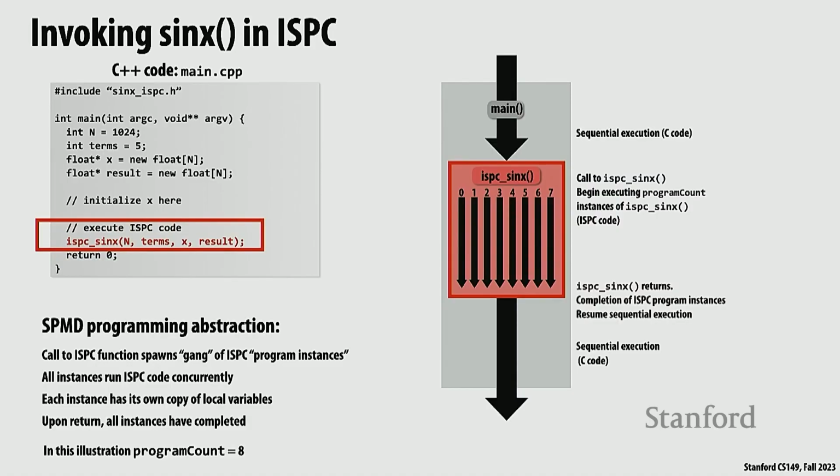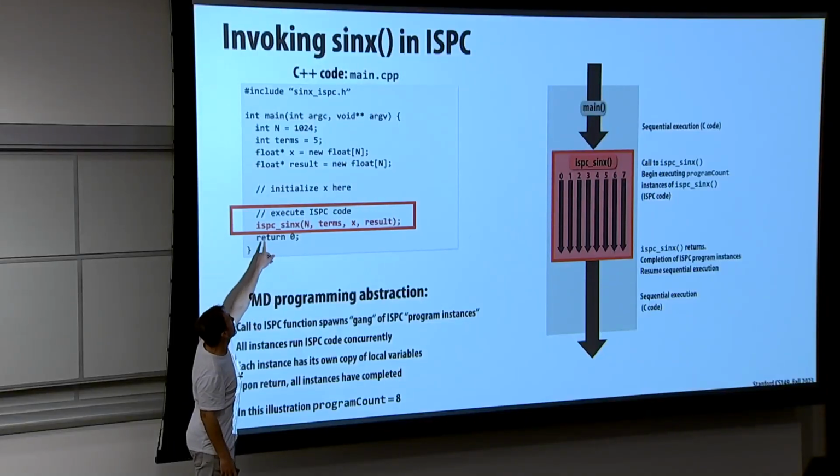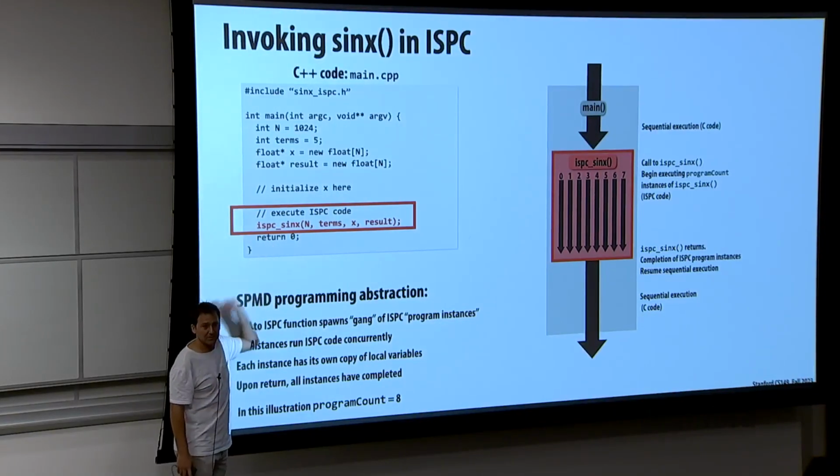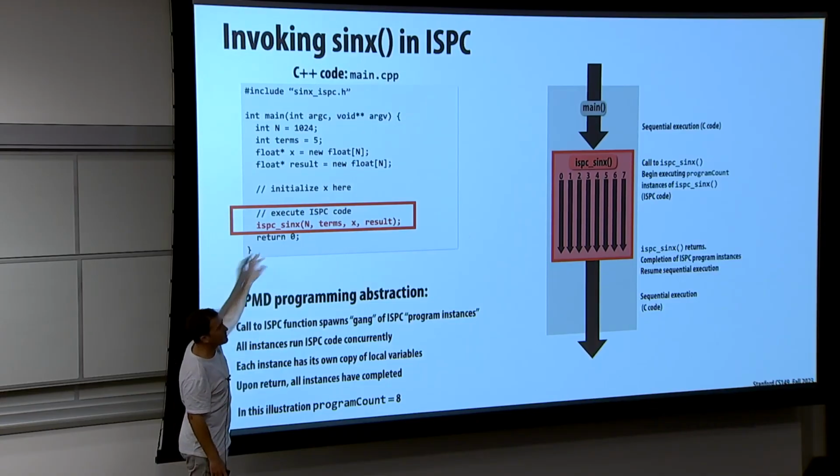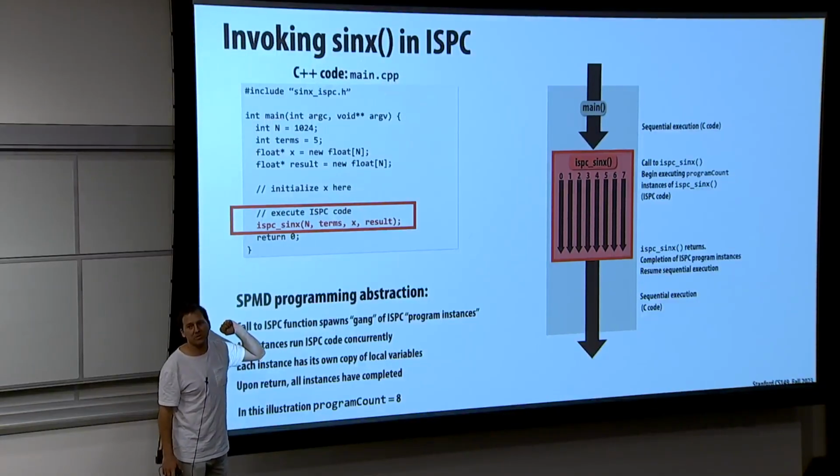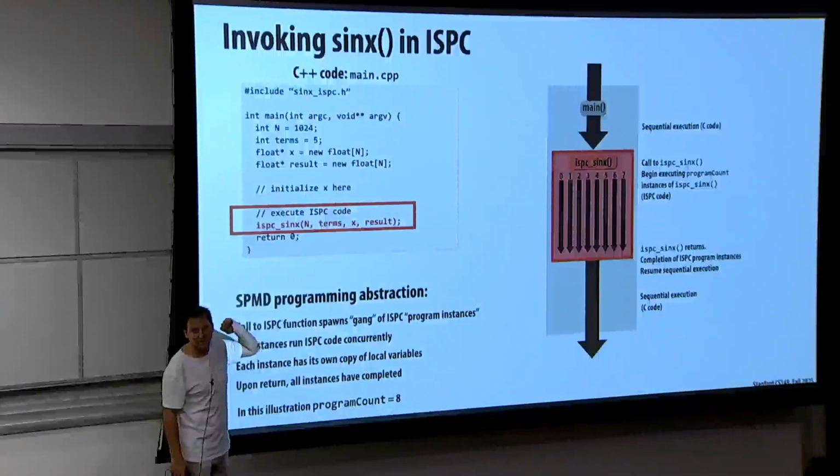This is the same example from last week: we have an array of numbers, and for every element in that array, we're computing the sine. This is just normal C code. And at some point, I call this ISPC function. An ISPC function differs from a normal C function in what way?